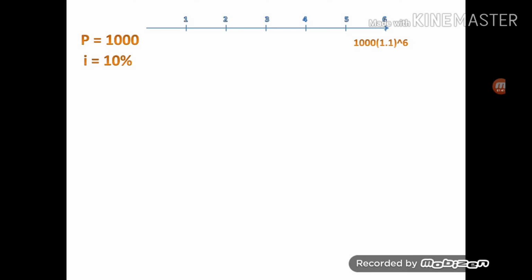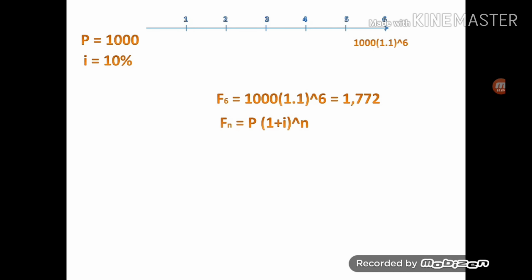And on the sixth month, we will have that value. So at the end of the sixth month, our amount of money will be equal to 1,772.